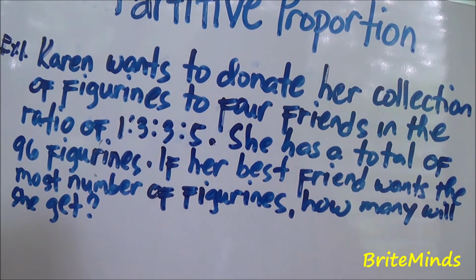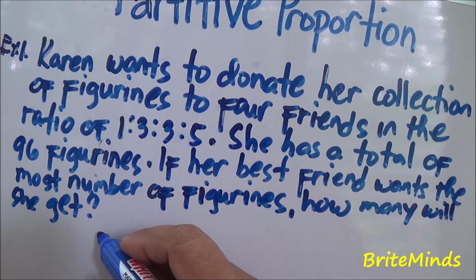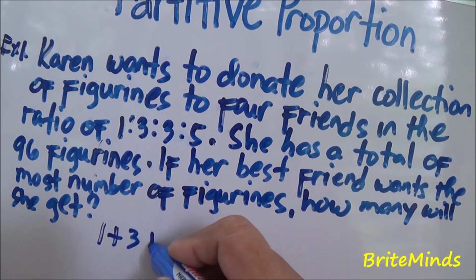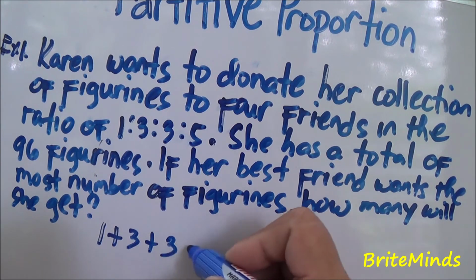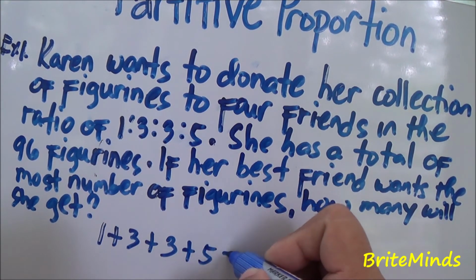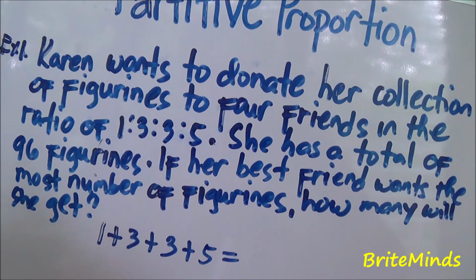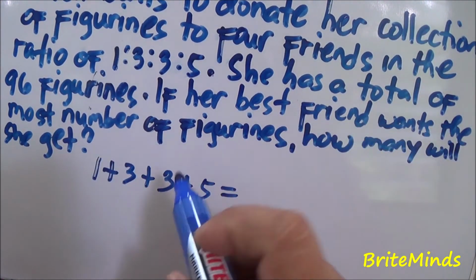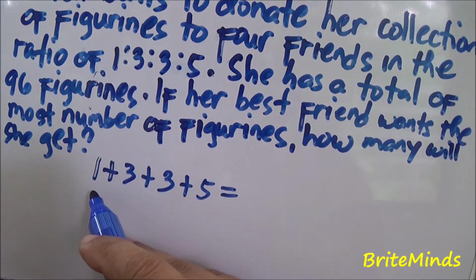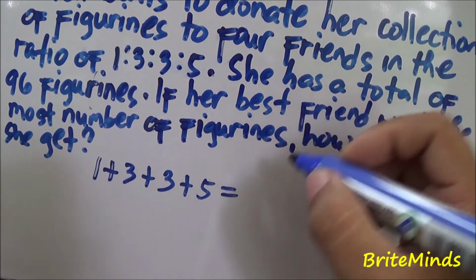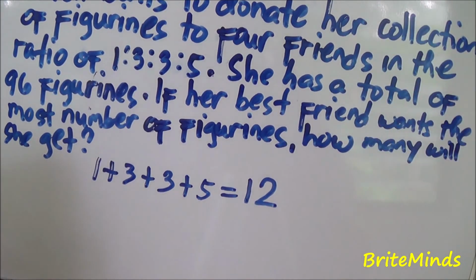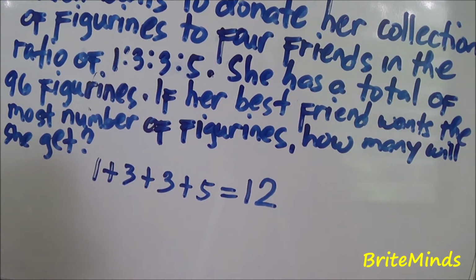So we need to get the total ratios: 1 plus 3 plus 3 plus 5. Adding that, we get 12 shares.